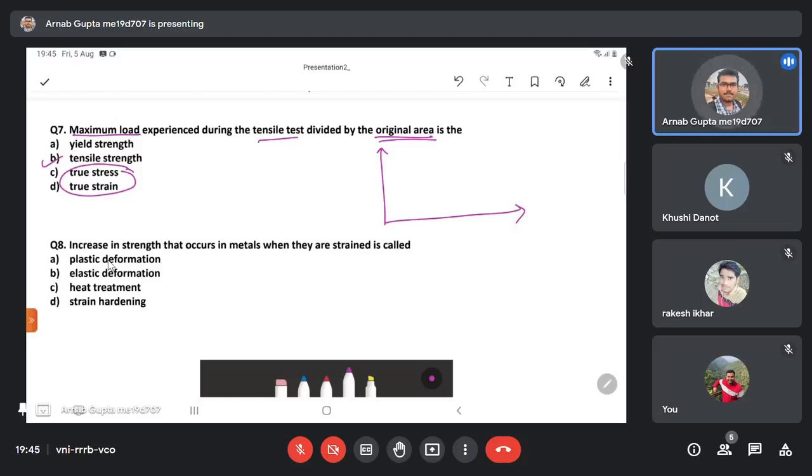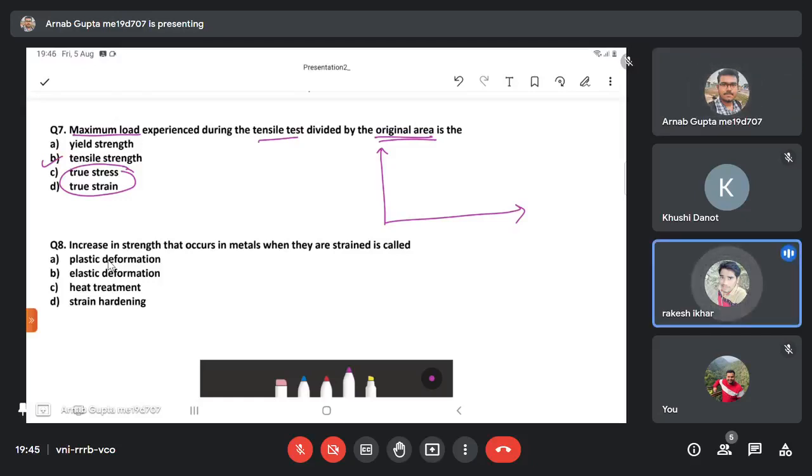We define stress in two different ways. One is engineering stress, and the other is true stress. So what is the difference between that? In engineering stress, we consider the initial original area, while calculating the true stress, we consider the instantaneous area.